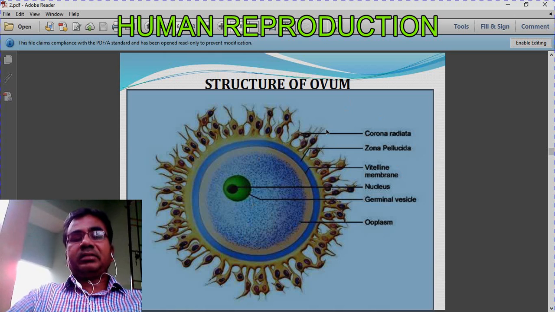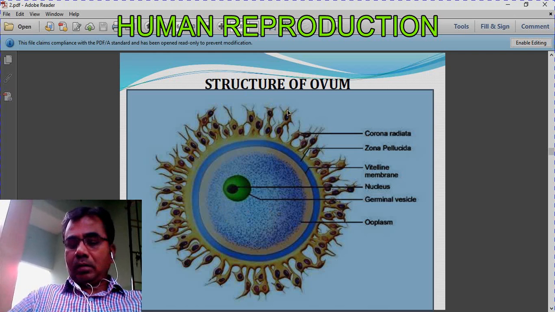Okay, in birds' eggs, yolk will be there, that is mesolecithal or macrolecithal. So eggs are classified based on the presence of yolk. But here, as there is no yolk, these eggs are called alecithal, and also non-cleidoic. Now coming to the structure of the ovum.